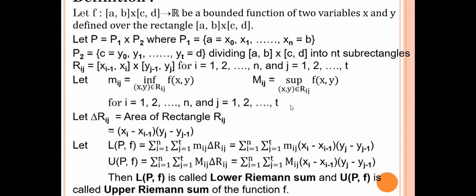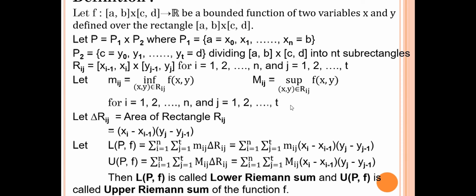So let us consider P equal to P1 cross P2, where P1 is the partition of AB and P2 is the partition of CD. We know that, right? And dividing that AB cross CD into n into t subrectangles, we just now have seen that, and those subrectangles we denote as Rij.